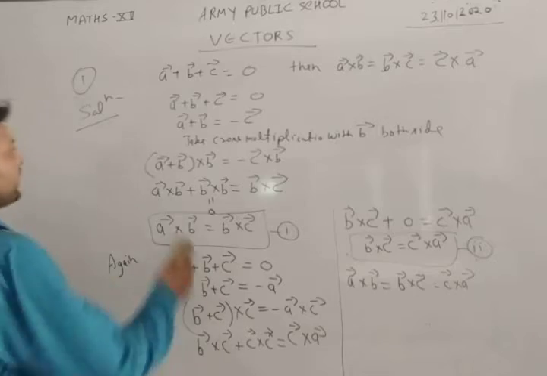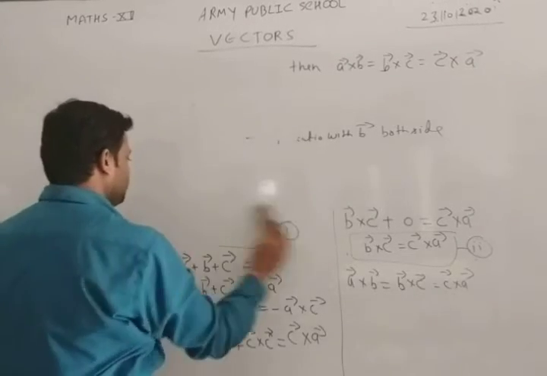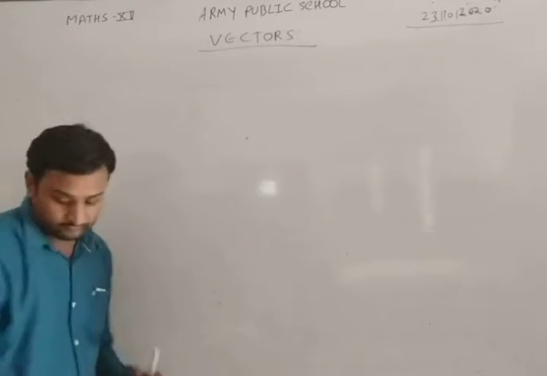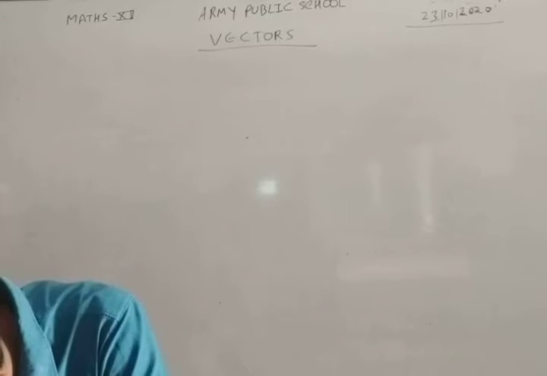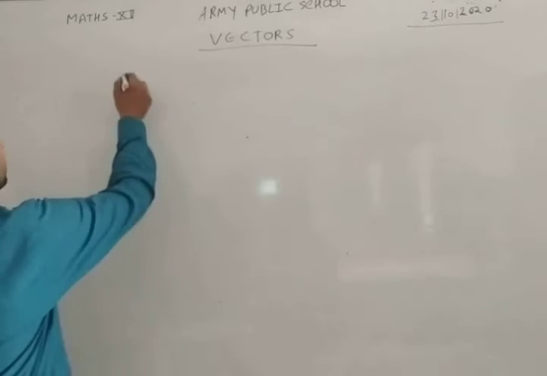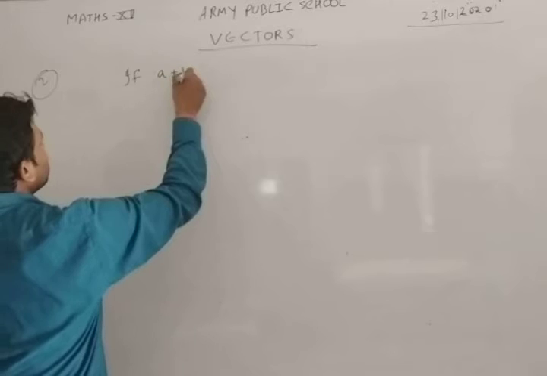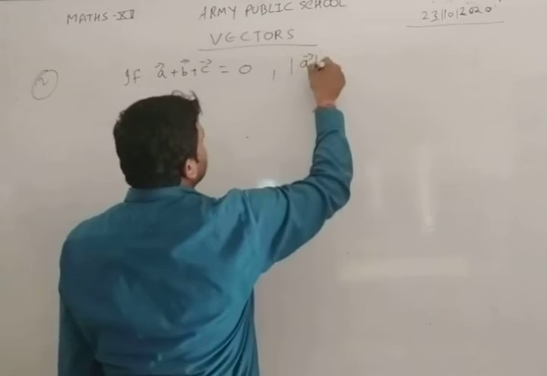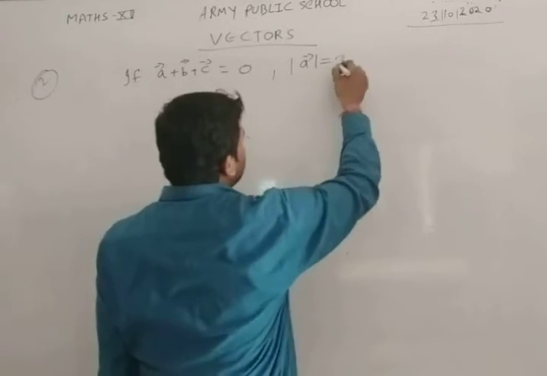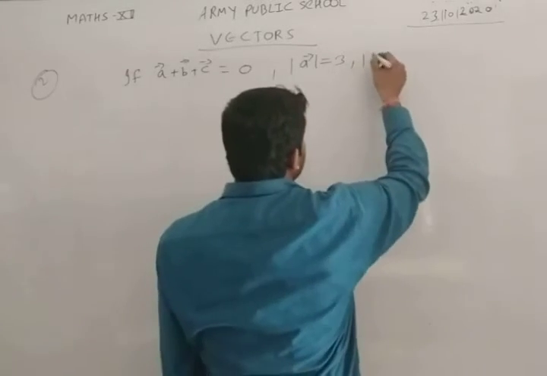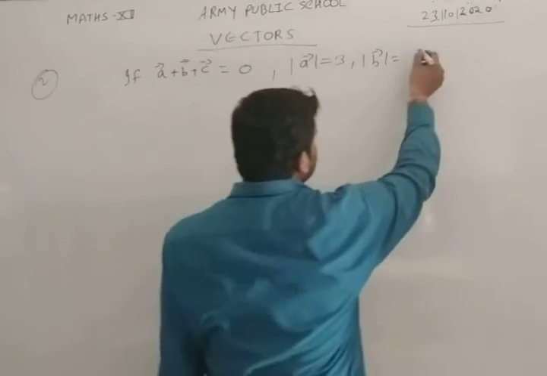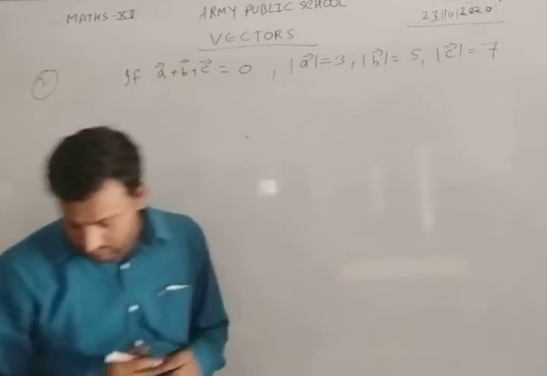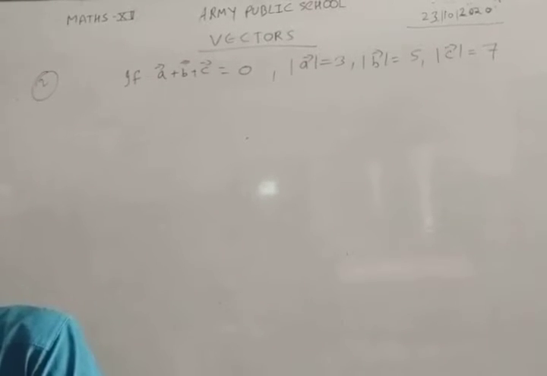Next question. If a plus b plus c is equal to 0, and the modulus of a is 3, modulus of b is 5 and modulus of c is 7, then show that the angle between a and b is 60 degree.